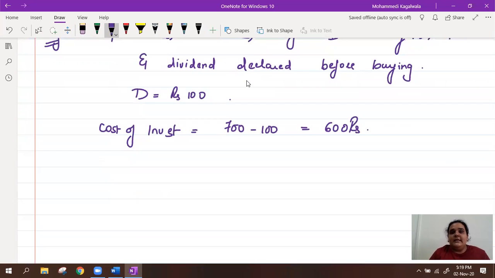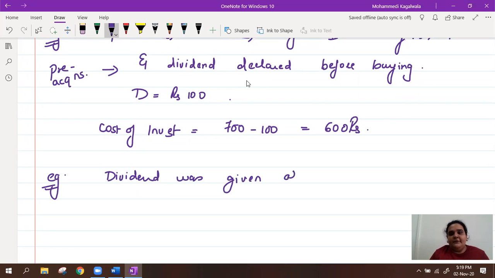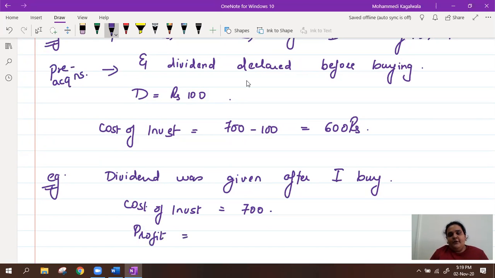Okay. Dividend was declared before I entered, before I bought. So it is known as pre-acquisition. Similarly, if the dividend was given after I buy, here my cost of investment will remain 700 only, but I will have a profit of rupees 100 because the dividend is given afterwards.